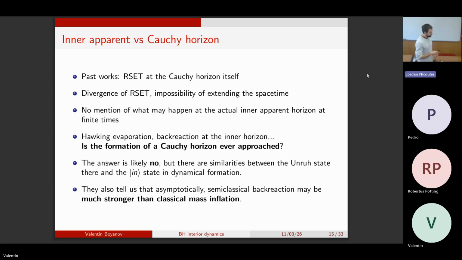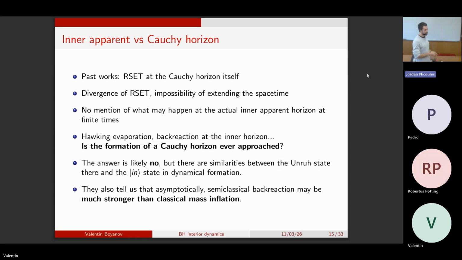But these calculations do give us some intuition about the potential late time behavior of the renormalized stress energy tensor at the inner horizon. Particularly, what they've seen is that the semi-classical source there tends to become much larger.